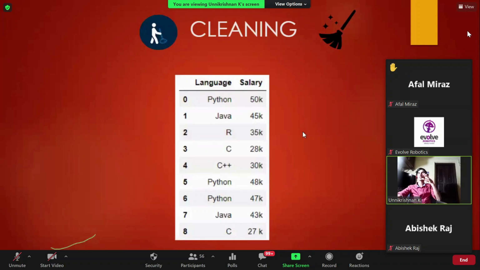As I said before, we are only considering a sample of data. In real life, we deal with a massive amount of data. But to make it simple and clear, I have only considered about 9 entries here. So just consider that this is a sample of the data that our friend Peter here has collected.